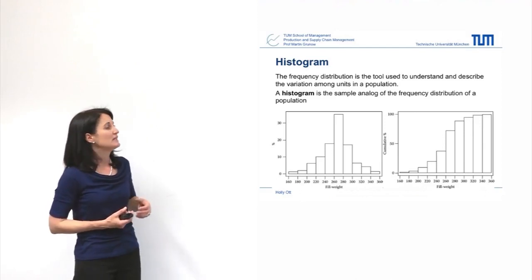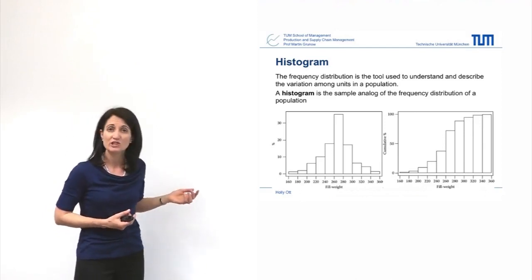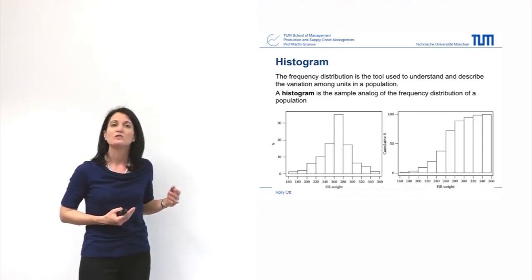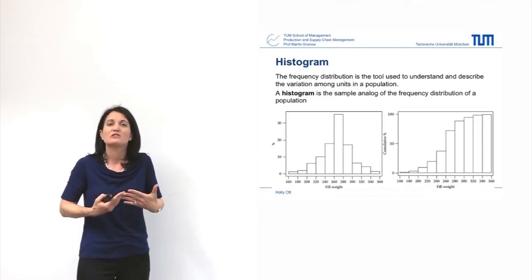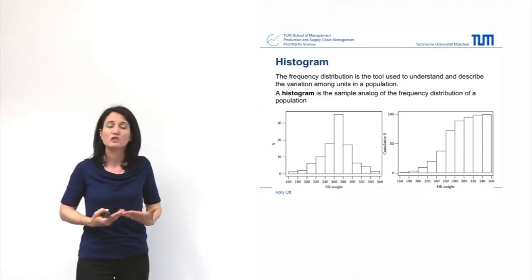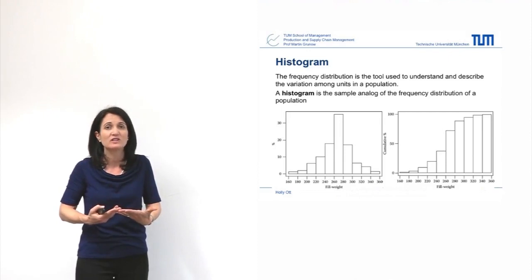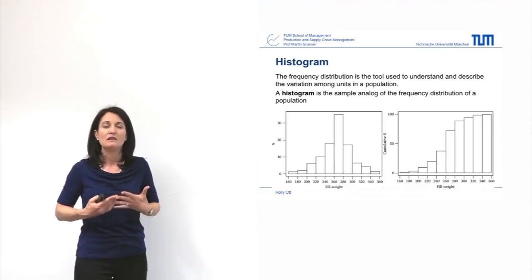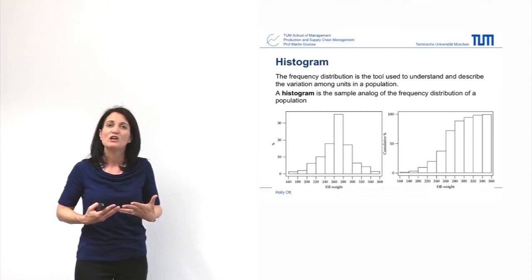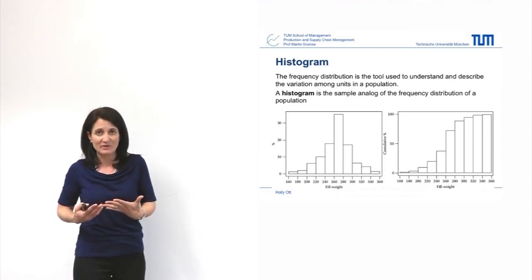So you can see the histogram is a frequency distribution where you look at how many times a certain data point has occurred, or a certain range of data points have occurred, and you plot them in a bar graph, and then you can see where the most data is appearing.